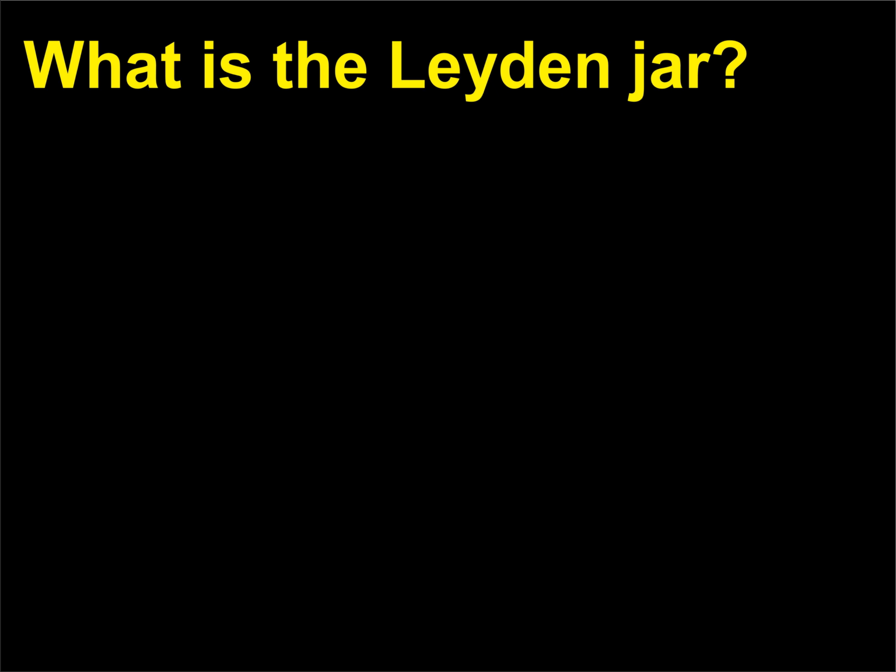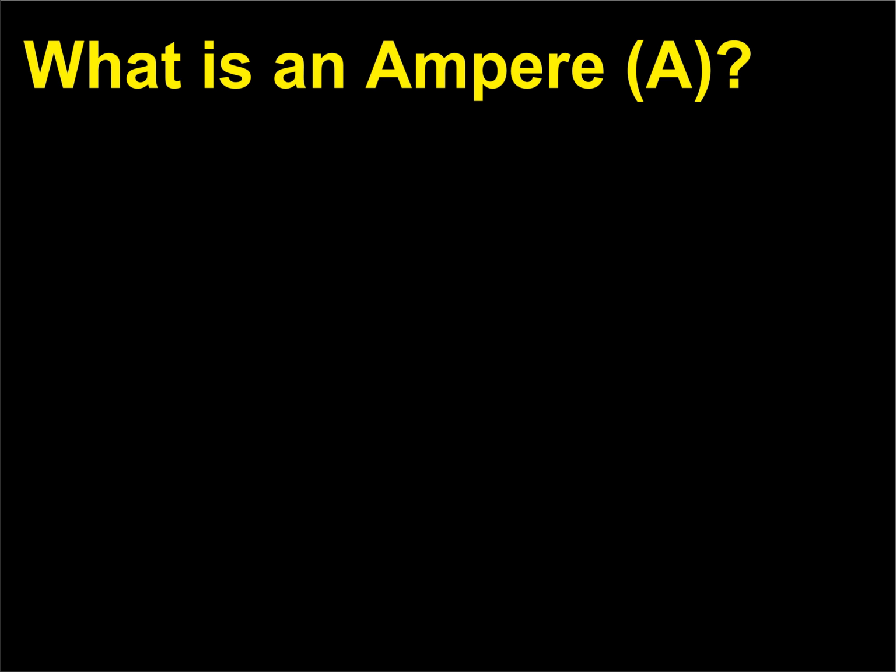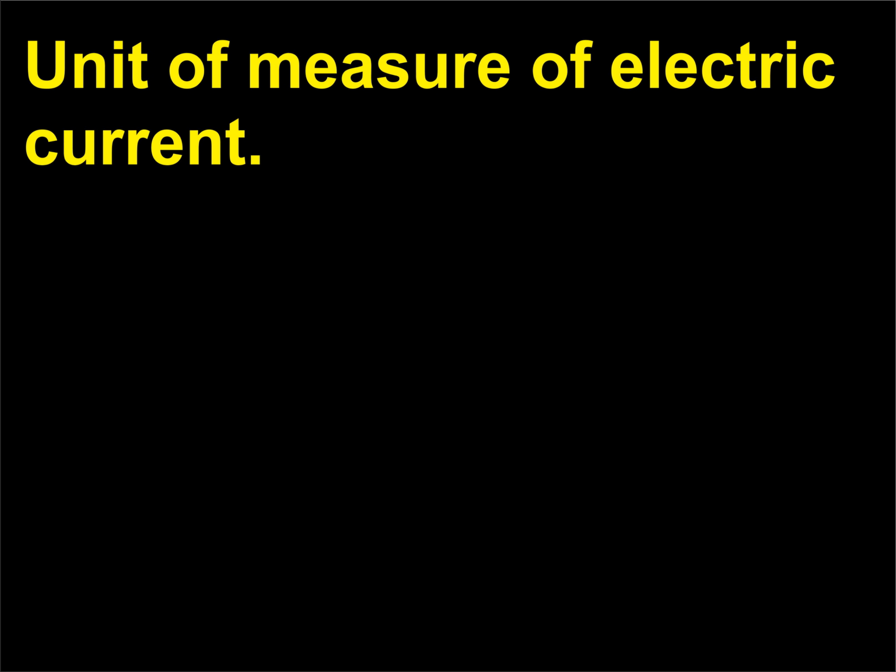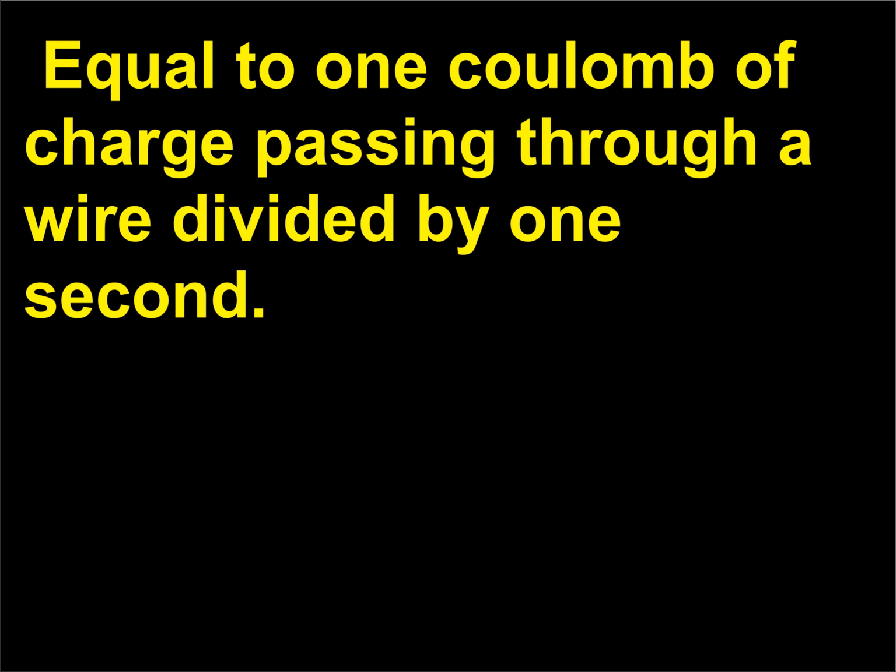What is the Leyden jar? Water can be stored in a jar. What is an ampere, A? Unit of measure of electric current. Equal to 1 coulomb of charge passing through a wire divided by 1 second.